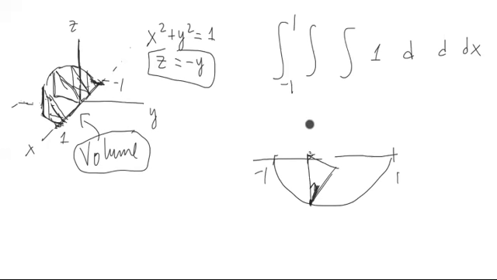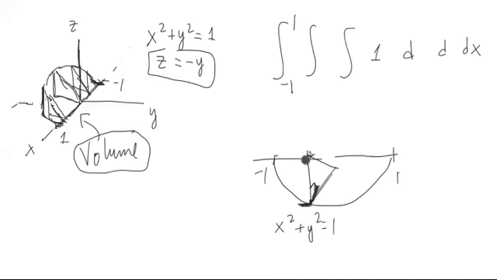So the question is, should we do y or z next? Let's take a look at this cross piece. We should know some coordinates here, some of the ends. This has a particular x coordinate, and this is on the x-axis where y and z are both 0. Now this is on the curve where x squared plus y squared is equal to 1.